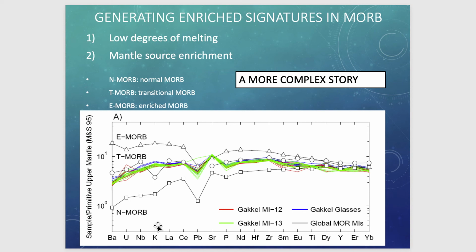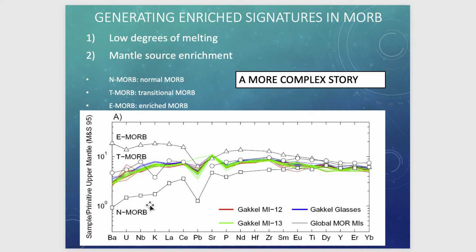So in the end the story is very similar to what we saw for ocean island basalts, but of course the scale of enrichment is rather different because we are still dealing with a mid-oceanic ridge basalt rather than a magma that is directly sourced from lower levels in the asthenosphere.